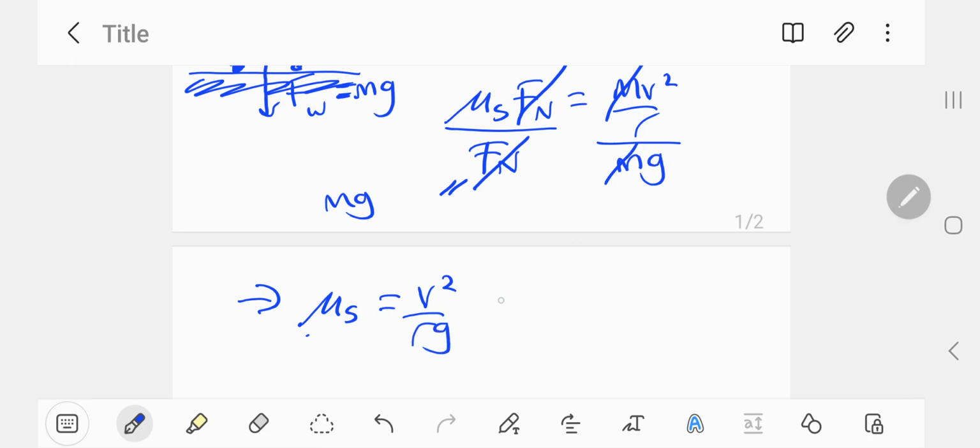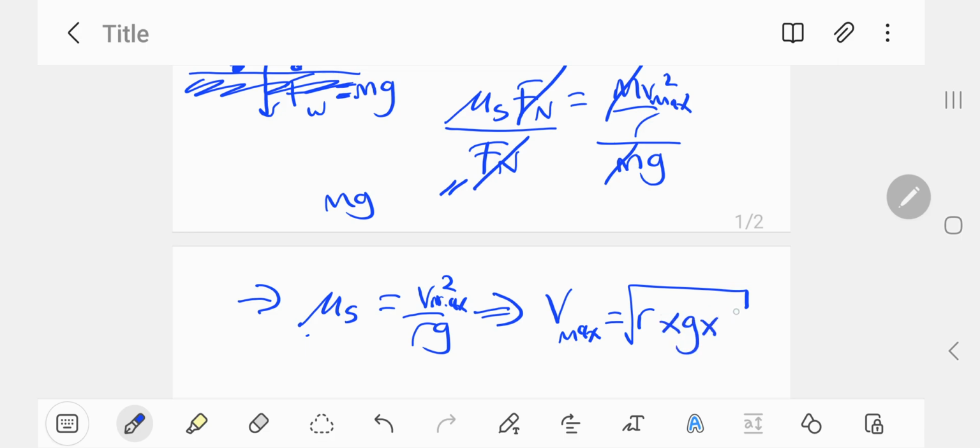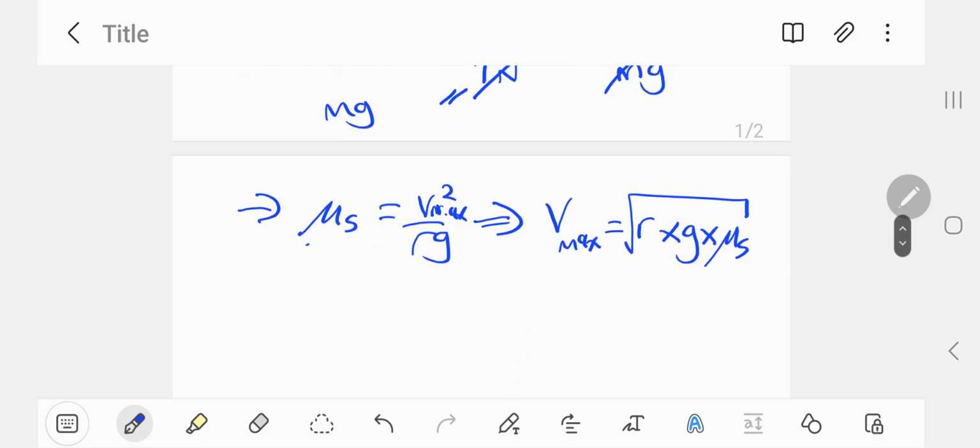Rearranging this for v, let's call it v sub max. That's the max speed that we need to work out. If you rearrange this algebraically, you'll find that v sub max is equal to the square root of r, which is the radius of the turn, times gravity, g, times the coefficient of static friction, mu sub s.